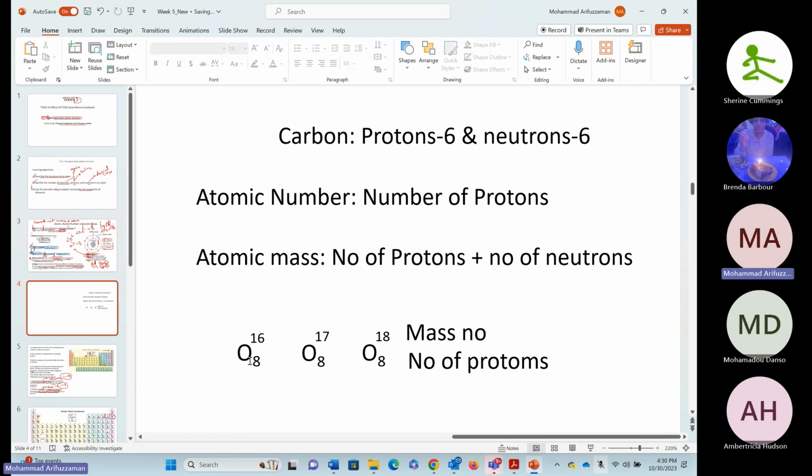There are three isotopes, 16, 17, and 18, representing mass numbers, and the 8 is the number of protons.